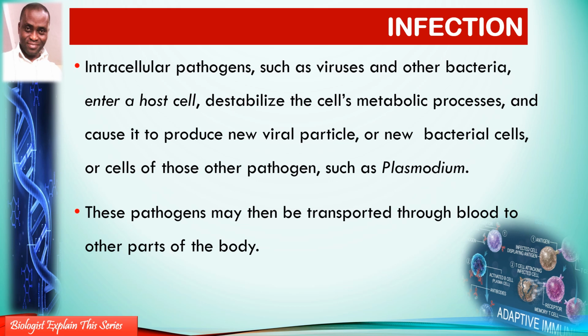It's not entering the house, but with the gunshots being fired, you can have a stray bullet that hits somebody despite your doors being closed and everything else. You can have stray bullets hitting somebody else and injuring that person. So you can see an invader outside shooting a gun or firing bullets as an extracellular organism, and the one that is able to enter the house, begin to turn every wardrobe upside down, searching everywhere for stuff, look at that as an intracellular organism or pathogen.